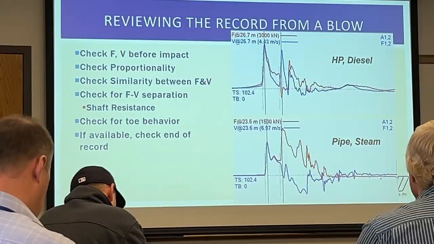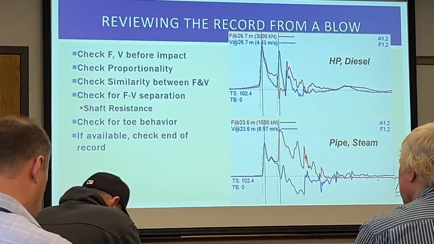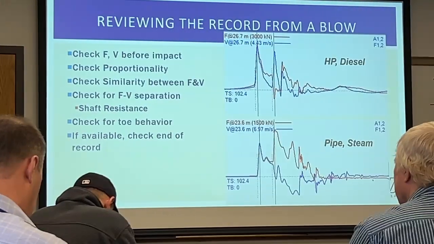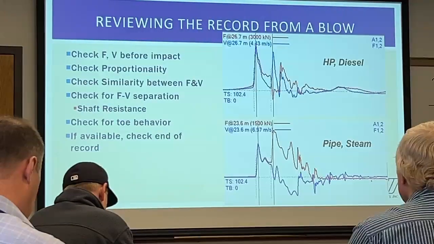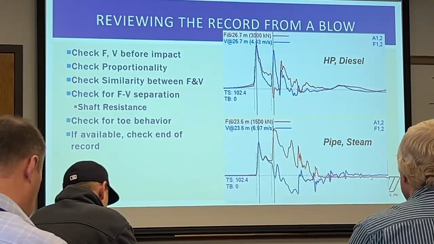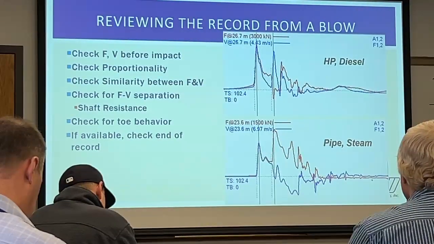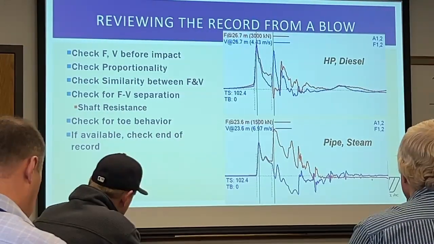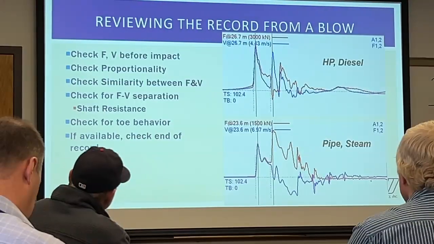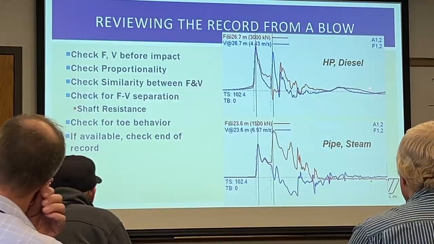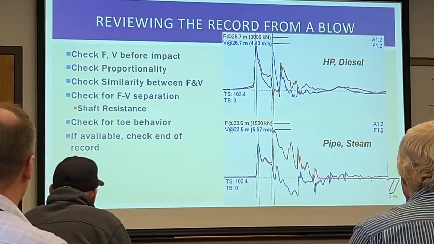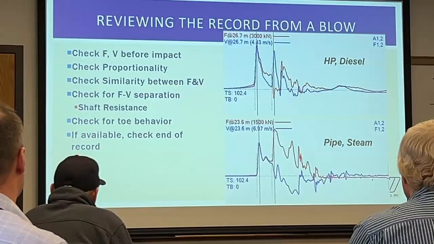Because the very basic assumption of PDA is that before the strain gauges and accelerometer are triggered, the pile is at rest, and at the end of that impact, the pile is at rest again. It might only be at rest for half a second, but at the end of these records, it is unstrained and it is not moving.